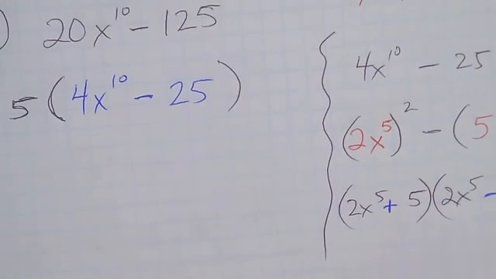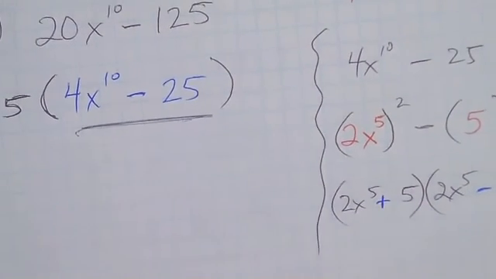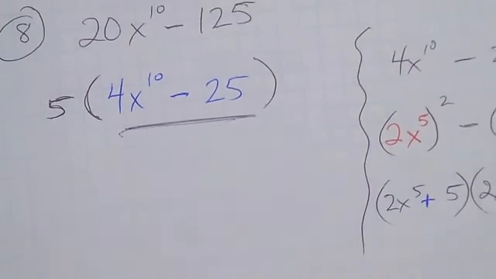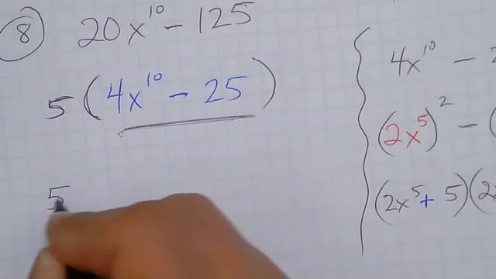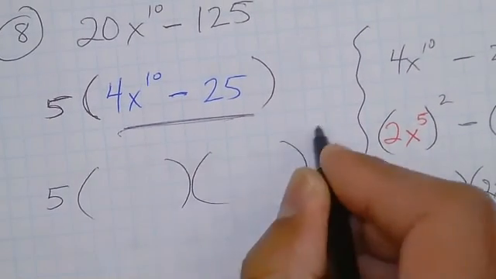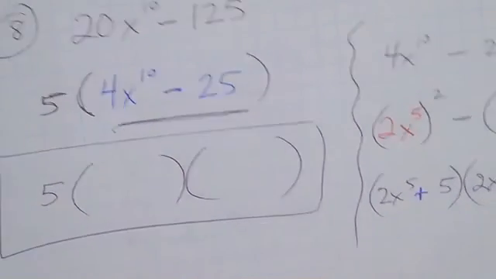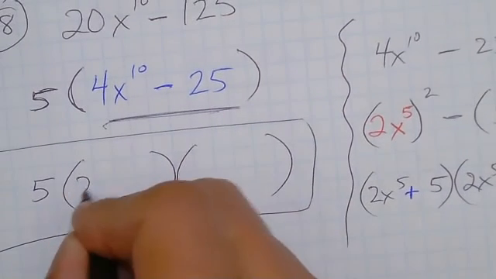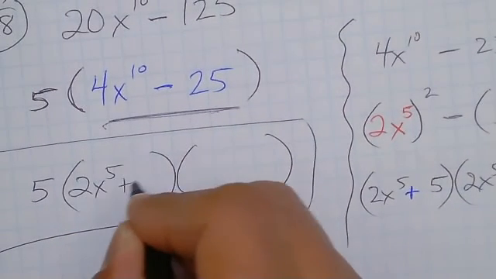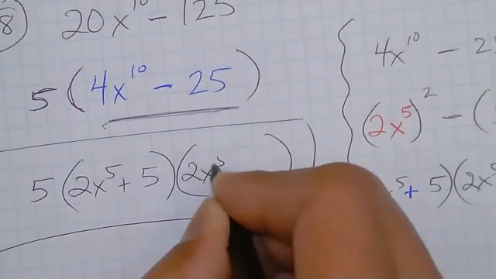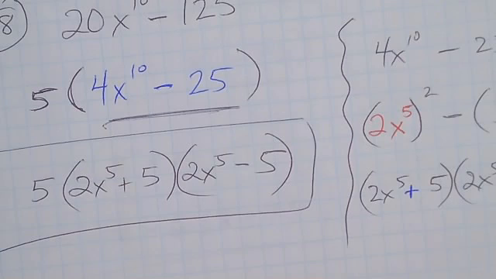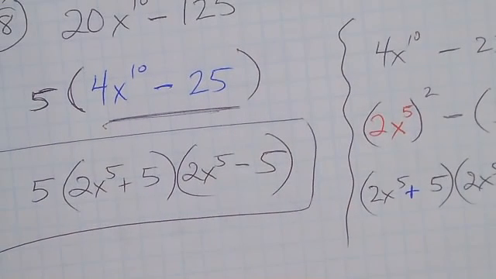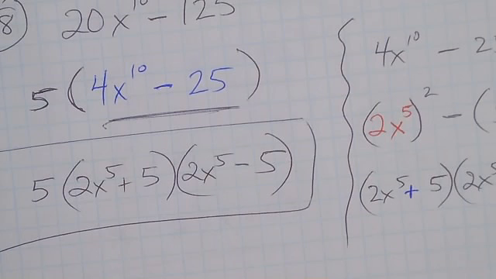The other one's going to have a minus. Okay, so this replaces this, right? So your final factored form here is 5 times (2x^5 plus 5) times (2x^5 minus 5). Okay, there it is.